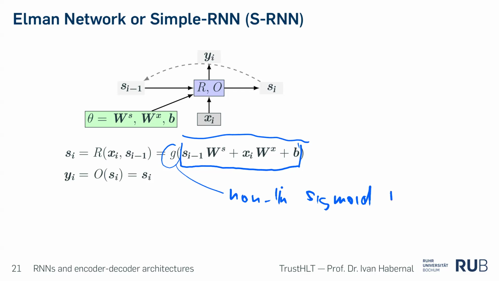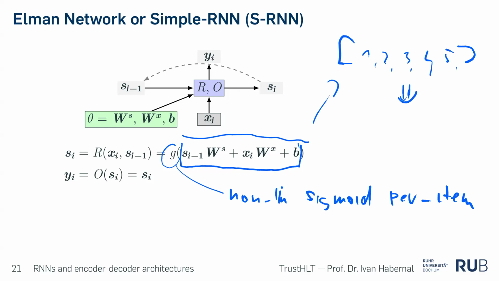If you have a vector with positions 1, 2, 3, 4, 5, and you run sigma, you end up with sigmoid of 1, sigmoid of 2, and so on. There's a fancy word in NumPy for this: broadcasting. You broadcast the function sigmoid over all the items. Okay, so this is a sigmoid.